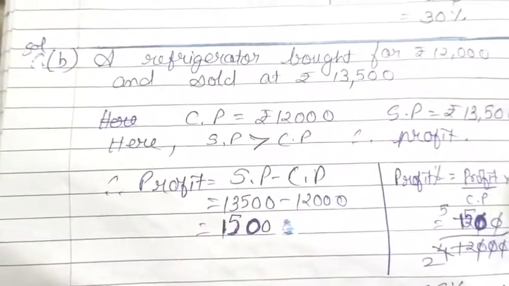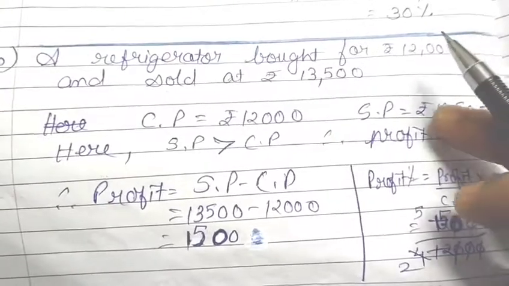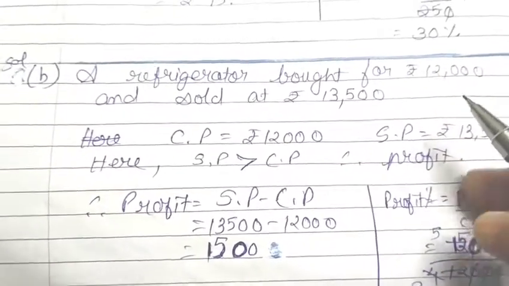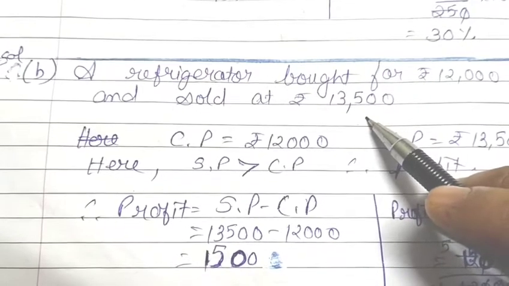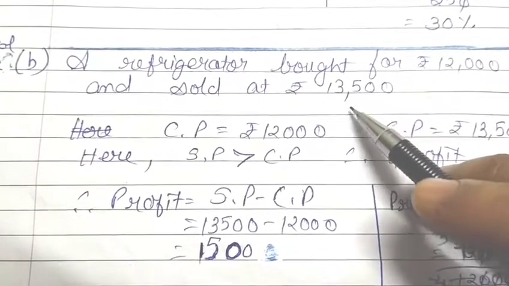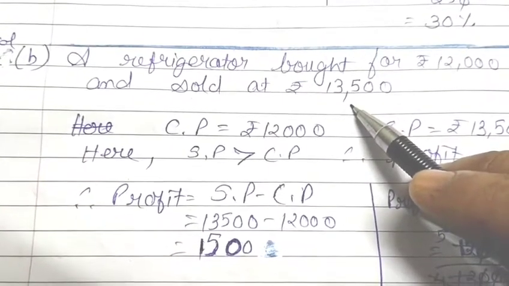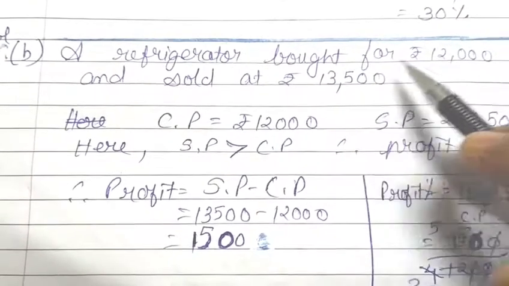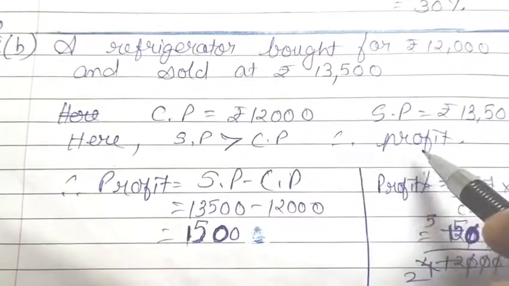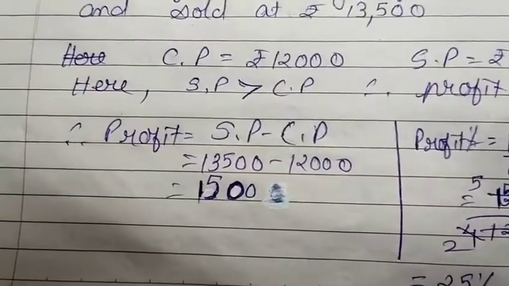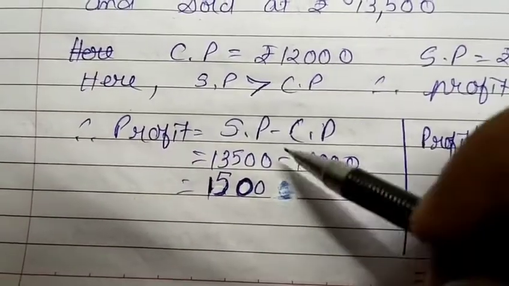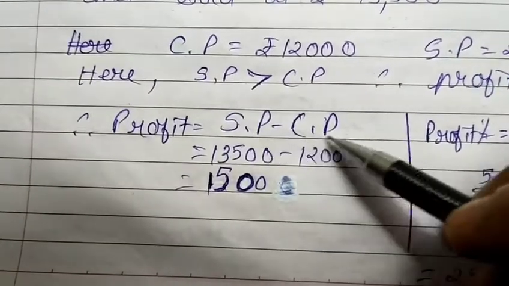Now the next one is a refrigerator bought for rupees 12,000 and sold at rupees 13,500. Obviously here also 13,500 is more than 12,000. 13,500 is the selling price. Your selling price is more than cost price, so it is a profit. Profit equals SP minus CP.